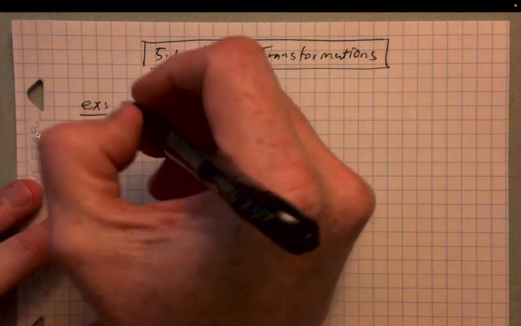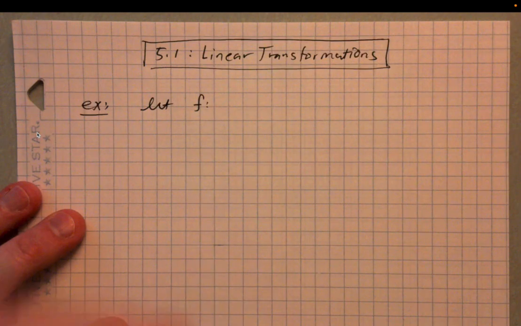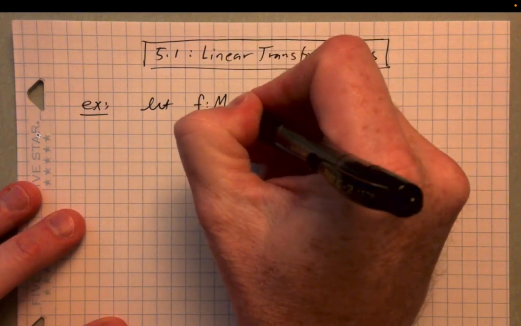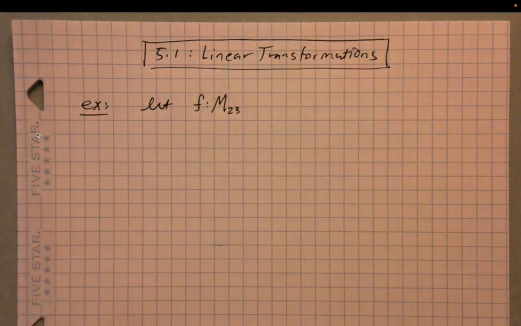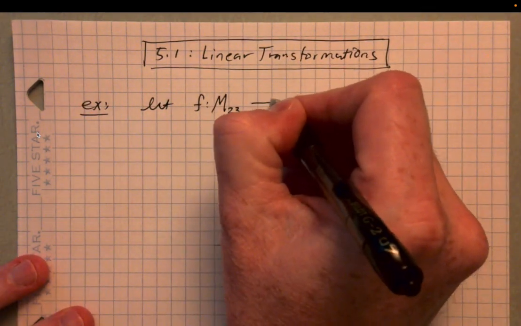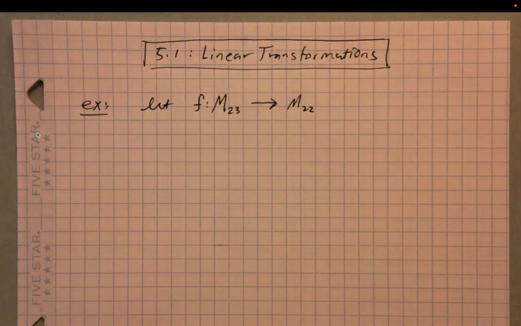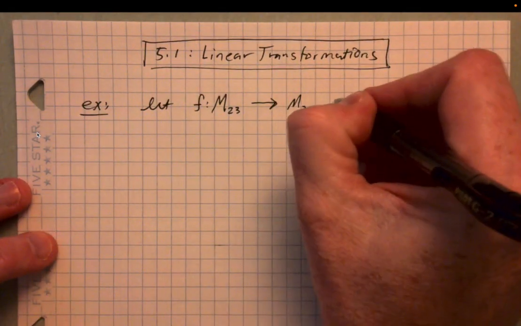Let's say I have a function, and we'll call it f, and it's going to be a function from M23, which is the vector space of 2 by 3 matrices, to M22, the 2 by 2 matrices. So we're going to let f be this function that maps a 2 by 3 matrix into a 2 by 2 matrix. And we have to, of course, define it.